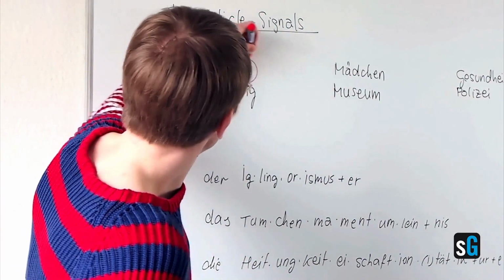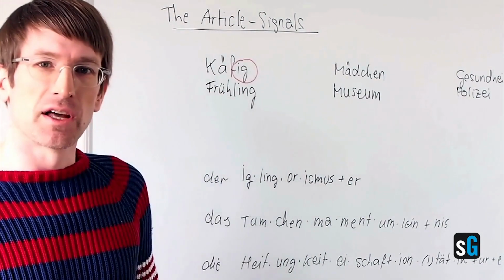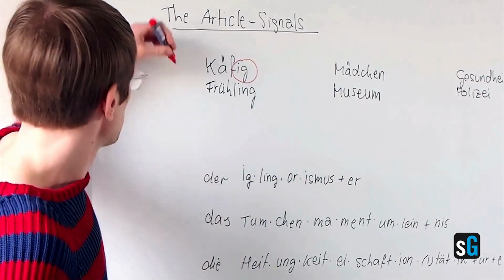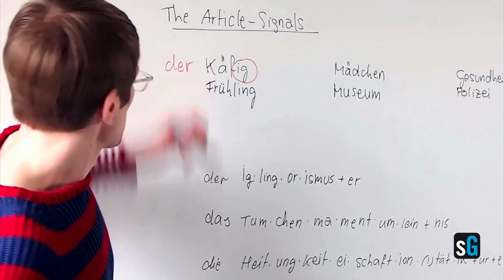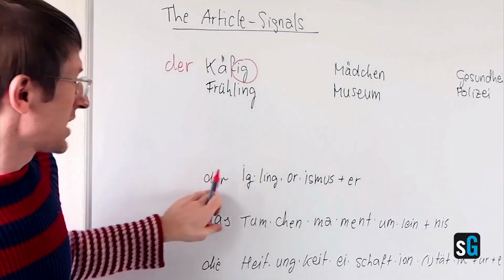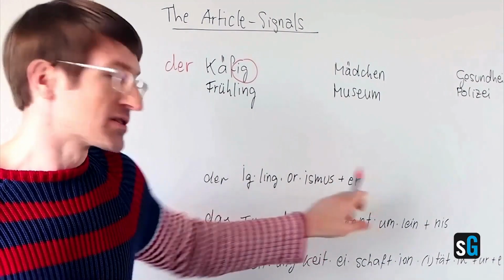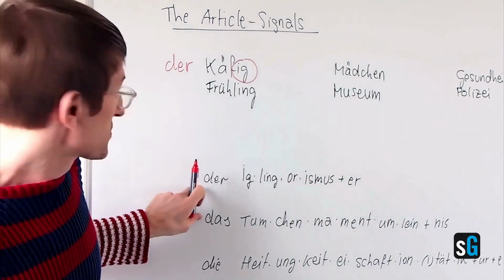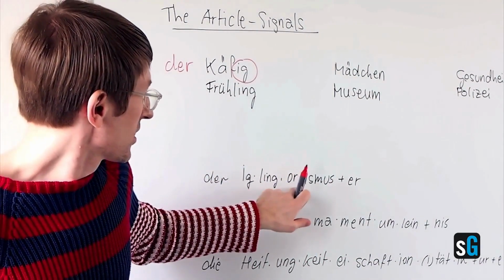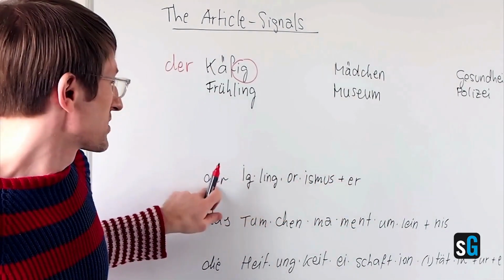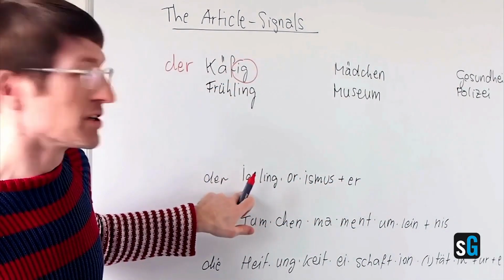I can see there's an "ig" at the end, which tells me that this word needs the article der. And if you look down here, I've written down 3 lines with all the signals for the appropriate article. So "ig", "ling", "or", "ismus", and "er", these all require the article der. And I can find the "ig" here.